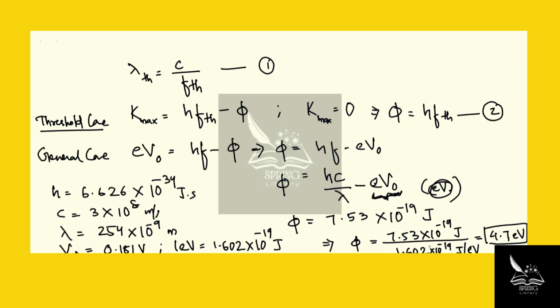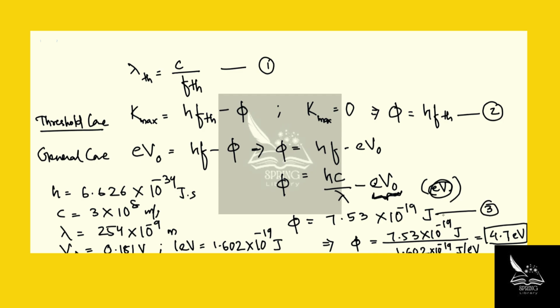After having phi, we can find the threshold frequency by using equation 2. Again, the value of h that you'll be using here should be in the same units as phi. Instead of converting h into electron volts, you already have phi in units of joules. Let's call this equation 3.